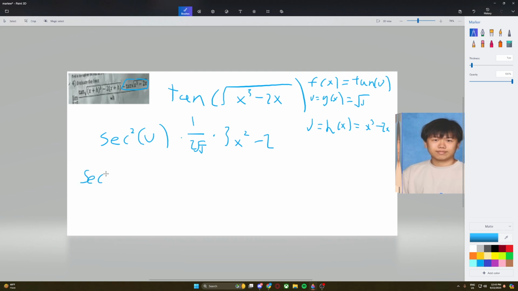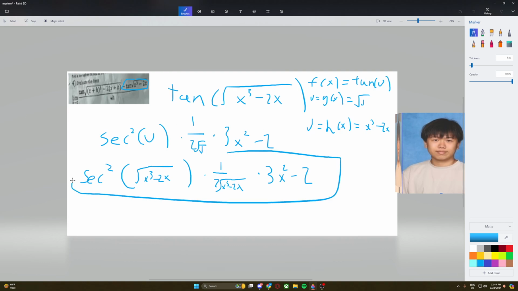So secant squared of the square root of j, where j is equal to x cubed minus 2x, times 1 over 2 square root of x cubed minus 2x, times 3x squared minus 2. Yeah, that's the answer right there. You don't need to simplify. It's fine from there. Yep, that is it.